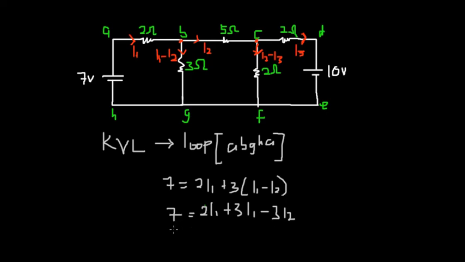So this will further simplify to 7 equals 2 plus 3 which gives us 5I1, minus 3I2. So let's say this is our first equation.